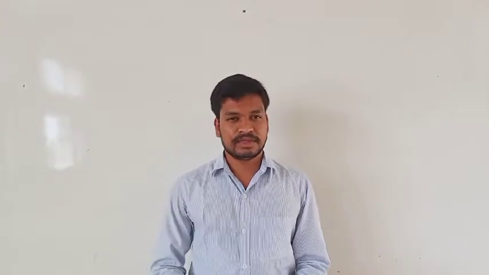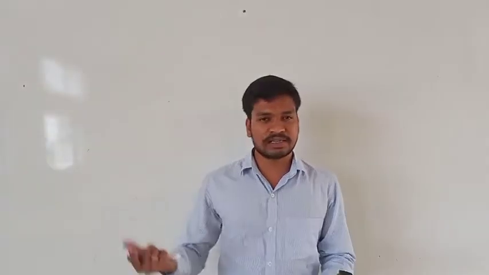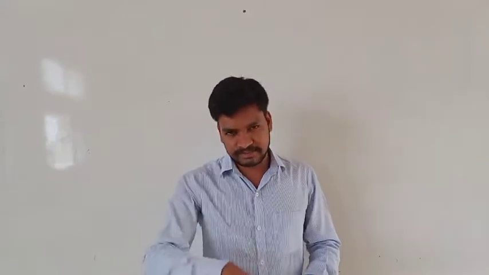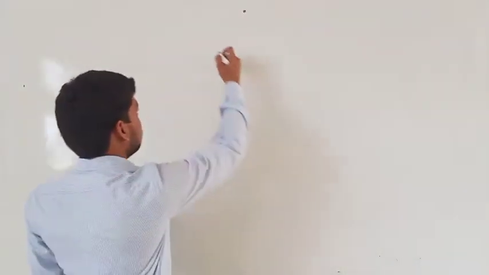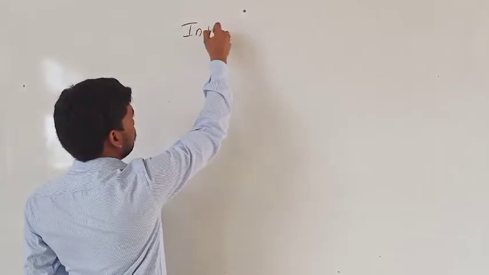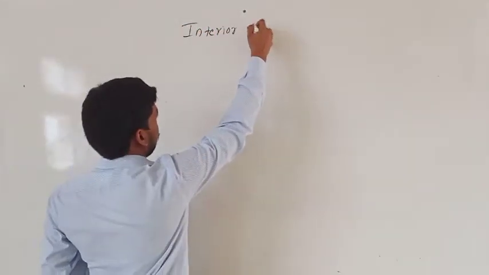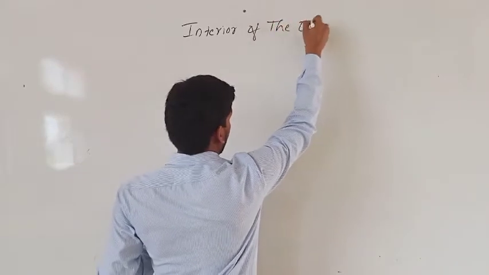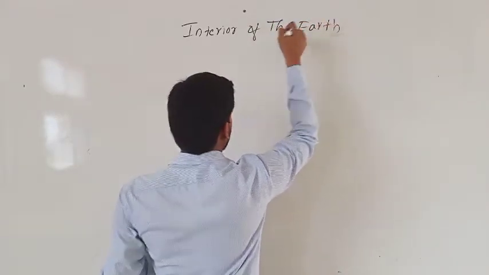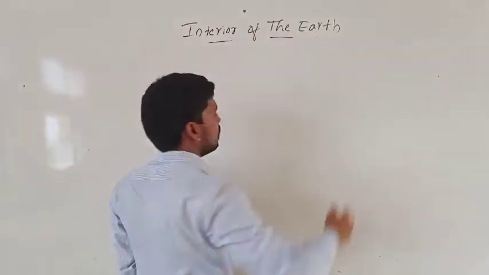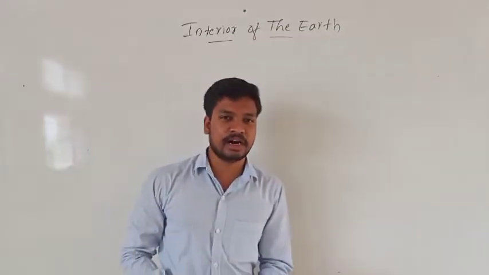What is the name of that? Yes, Inside our earth, otherwise interior of the earth. Interior means inside. Interior, inside, same. So interior of the earth, otherwise inside our earth.